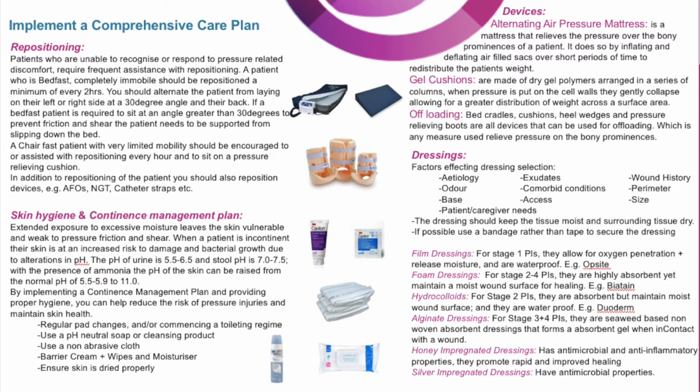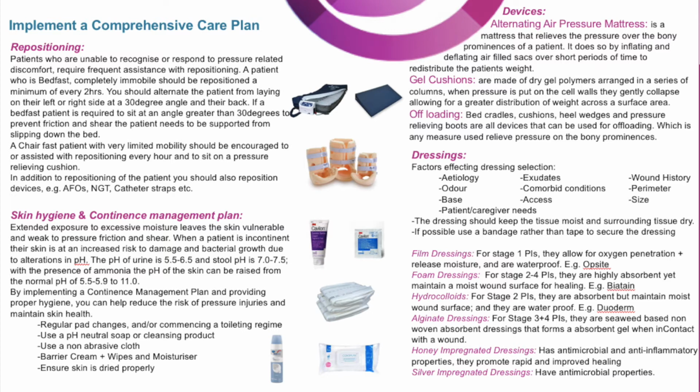You should alternate the patient from laying on their left and right side at a 30-degree angle and on their back. To prevent friction and shear, if a bedfast patient is required to sit at an angle greater than 30 degrees, the patient needs to be supported from slipping down the bed with a pillow or something.